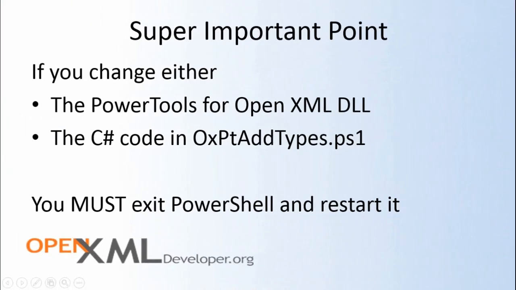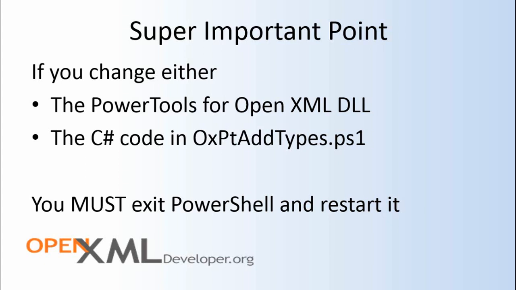One super important point. If you change either the PowerTools for OpenXML DLL or you change the C# code in OXPT add types.ps1, you must exit PowerShell and restart it. The reason why is that in .NET, once you've loaded an assembly, there's no way to get rid of that assembly.